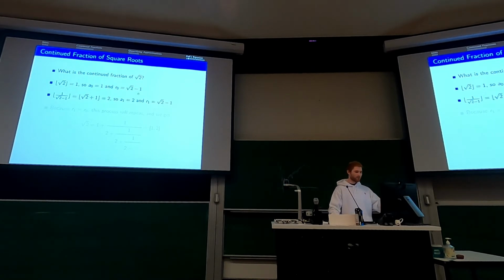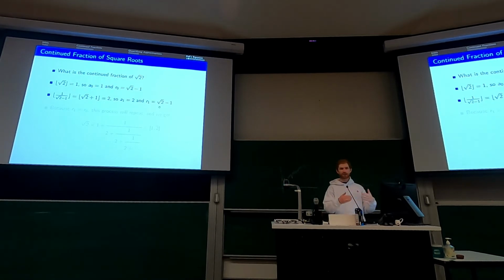So the remainder flipped is this guy, which you can rationalize the denominator to get root 2 plus 1, okay, which is going to be like 2.414, right? So the floor of this is about 2. So a1 is equal to 2, and the remainder is the same as before. It's root 2 plus 1 minus 2, which is root 2 minus 1.